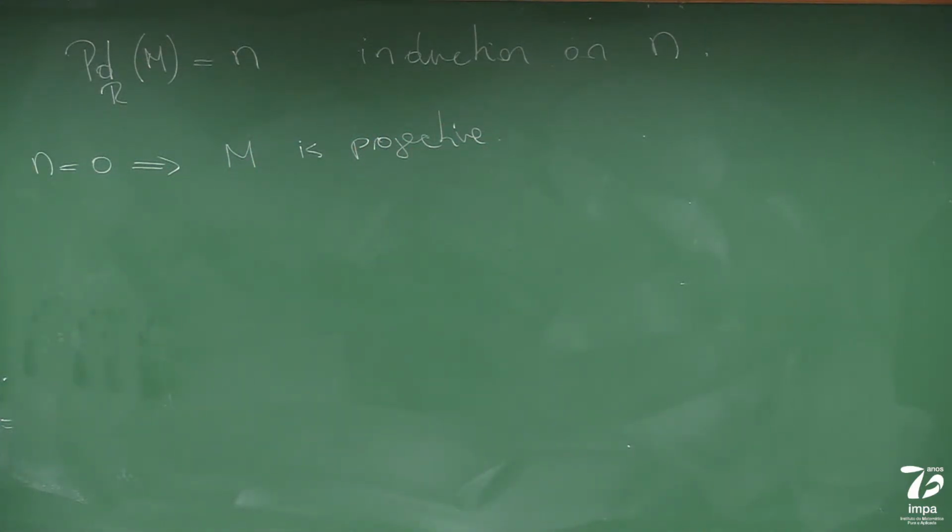But M is a projective finitely generated R-module, and R is local. Therefore M is free.